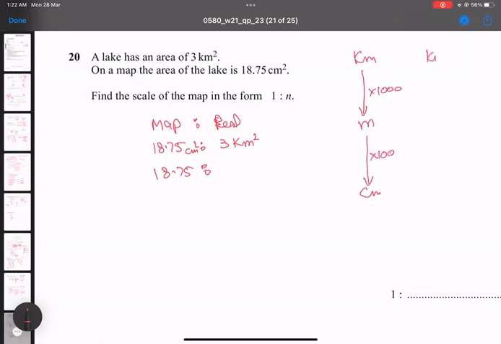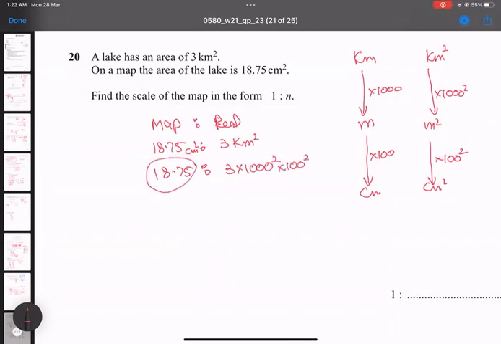But when you convert kilometer squared to meter squared to centimeter squared, then it is not times 1,000 but 1,000 squared, and then 100 squared. If a cube comes, kilometer cubed, then 1,000 cubed and 100 cubed. I think the idea is very clear. Times 1,000 to the power 2, times 100 to the power 2.